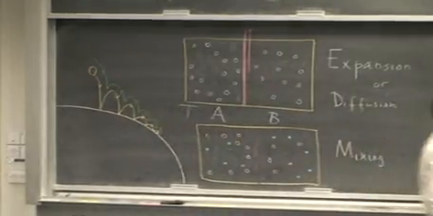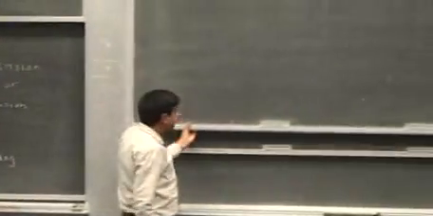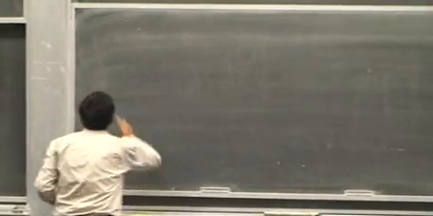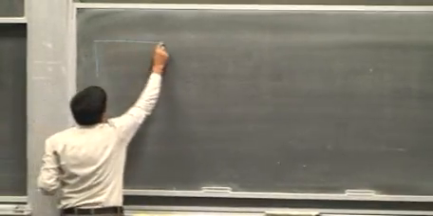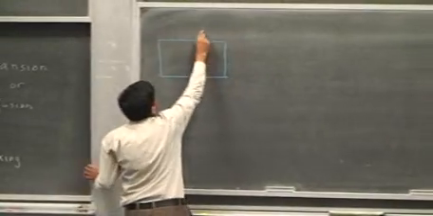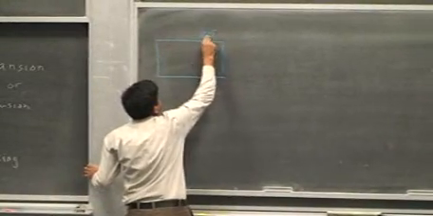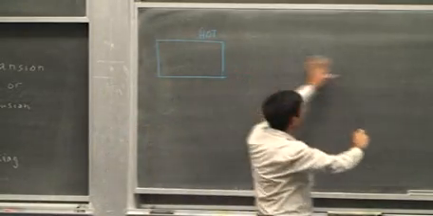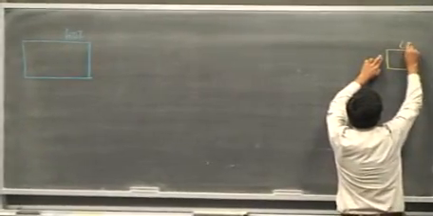So another point that you've already seen, but I would like to emphasize again, is the following. Suppose I have an object that is very large and it's hot. And I have an object that is very far away, but it's a smaller object and it's cold.